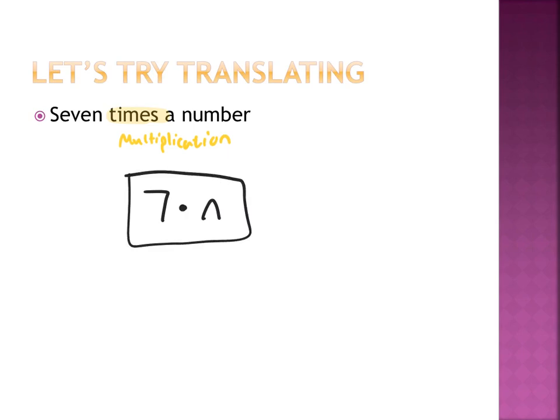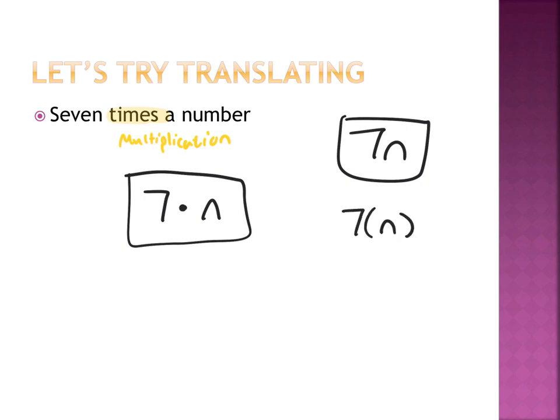That is not the only way you could write that. You could also write it as just 7n. You could also write it as 7 parentheses n. You could also write it as 7 in parentheses, n in parentheses.